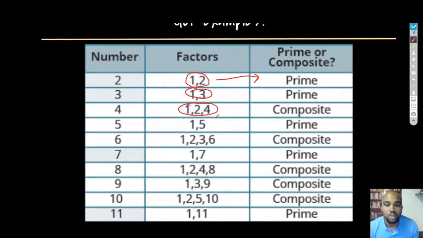Anything with more than 2 qualifies as composite, because 4 times 1 gives us 4 and 2 times 2 gives us 4. 5 is prime, 6 is composite, and you can see how this works out. Anything that has only 2 factors, we call prime. More than 2, composite.